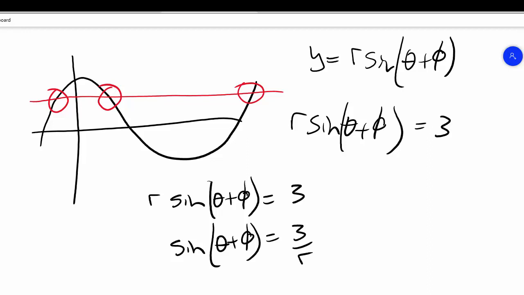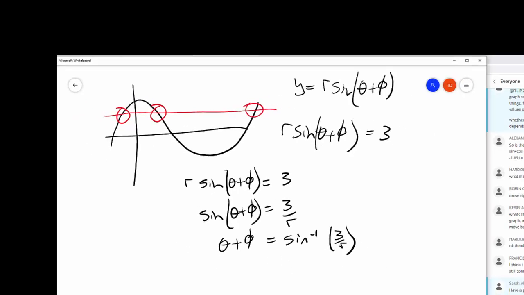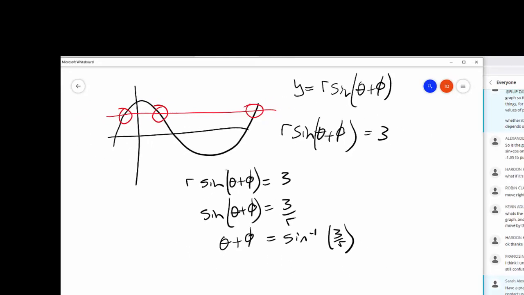Okay, so I now take the arc sine of both sides, so theta plus phi is equal to sine to the minus 1 of 3 over r. We know what phi is, we've calculated that, so we can now say that theta is equal to sine to the minus 1 of 3 over r, minus phi. Okay? So that means that we can find the values of theta where the line, in this case 3, is crossing the curve that we've got.